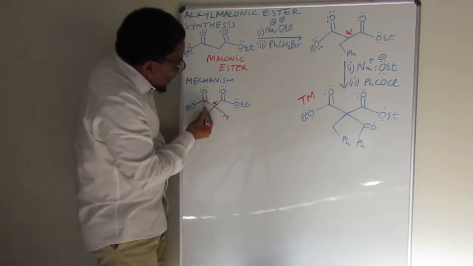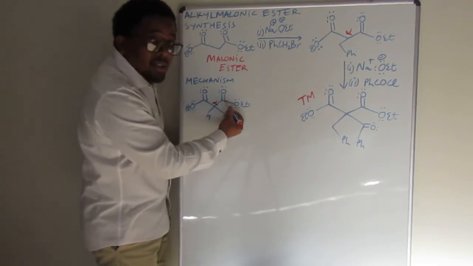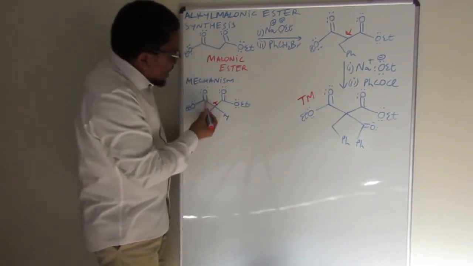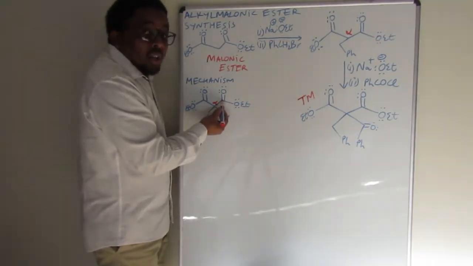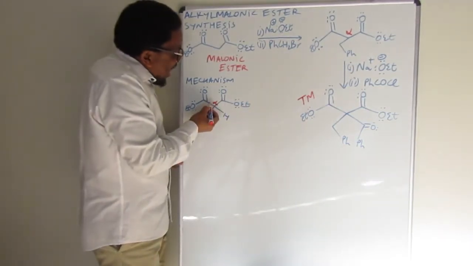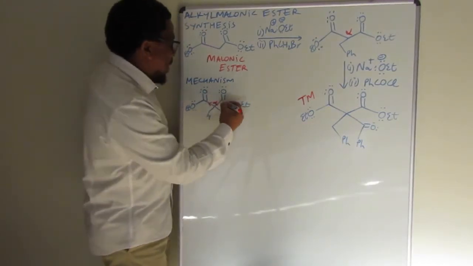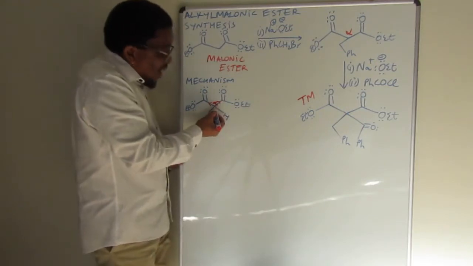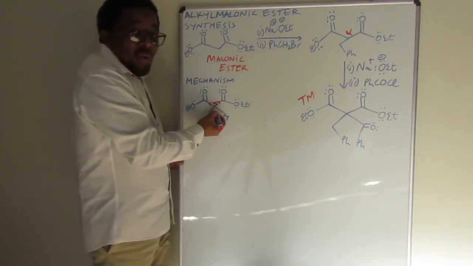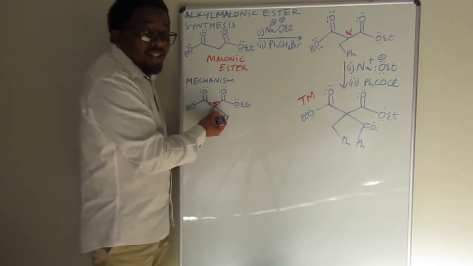This happens on this side, and also on that other side. These carbon atoms that are electrophilic pull the electron density from this alpha carbon atom, so this carbon atom becomes positive in charge.